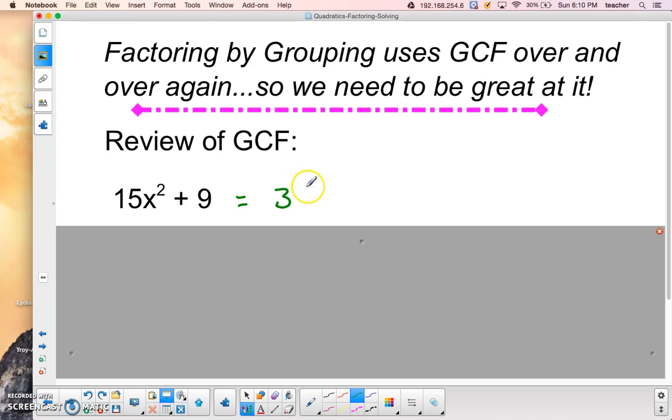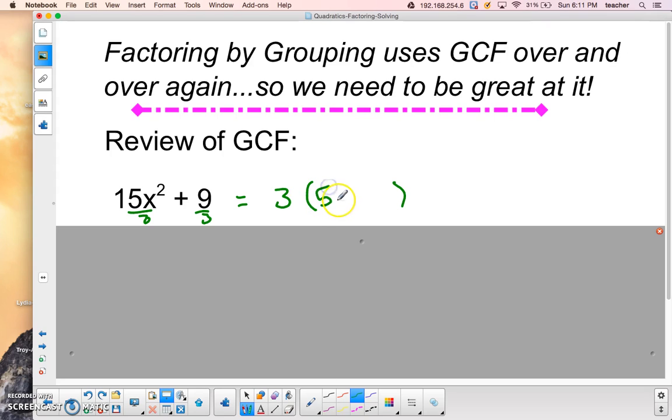If I divide 3 out of both of these factors, what I'll be left with goes in the parentheses after the 3. So the GCF always goes in front, and what's left when you divide it away goes in the parentheses.